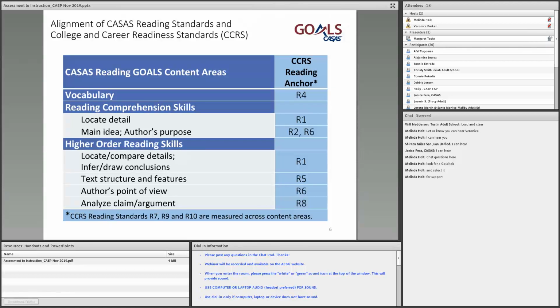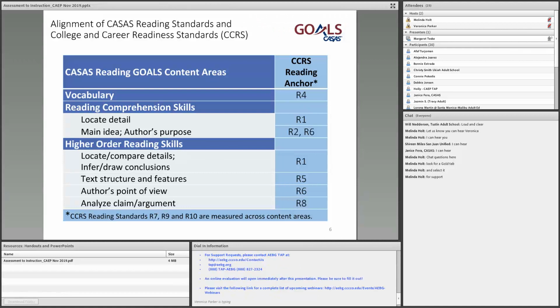Reading comprehension skills such as locating detail and author's purpose are in the CCRS at the beginning, R1 and R2, also R6. So those are major areas that are covered in the A and B and into C tests. And then the C and D tests generally cover the higher order reading skills, as you see listed there.